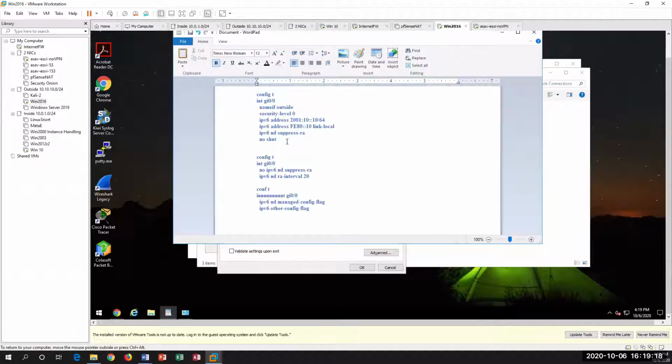It will be put out for you to associate it with this particular video, that we configured that IP address of this GI00, the outside, into 2001:10:10, and use FEA0, which is the 2016's default gateway. Okay, and then we suppress it, so the RA is not going to be available. We are going to eliminate that for now, and later on, we are going to not suppress the RA, and then see what the M flag and O flag are, and then we're going to turn on the M flag, O flag, and capture it again. Okay, so we're going to put this on the side.